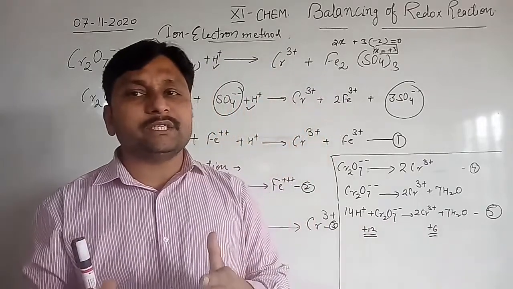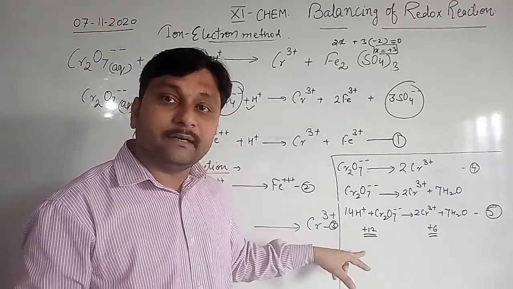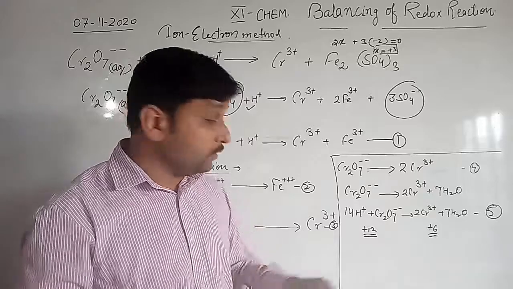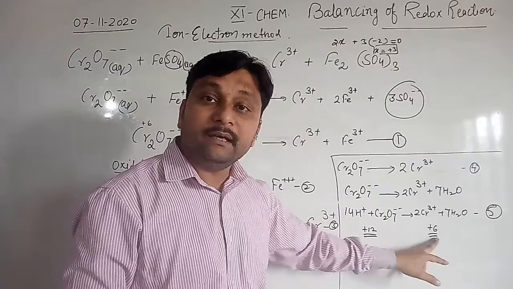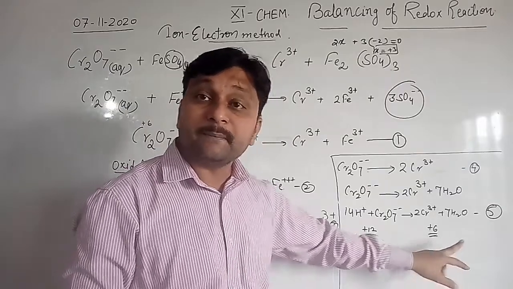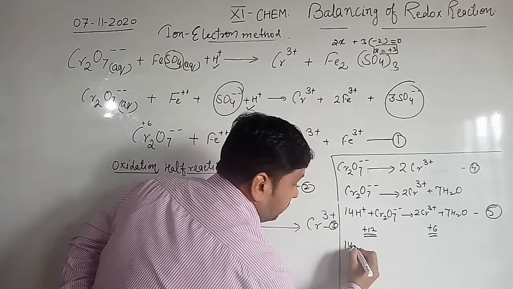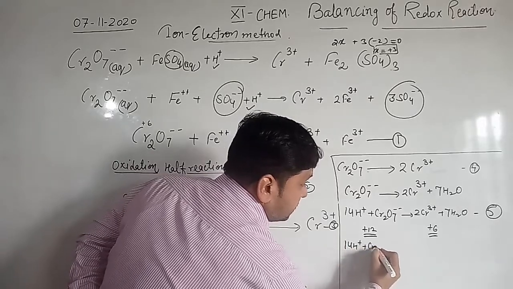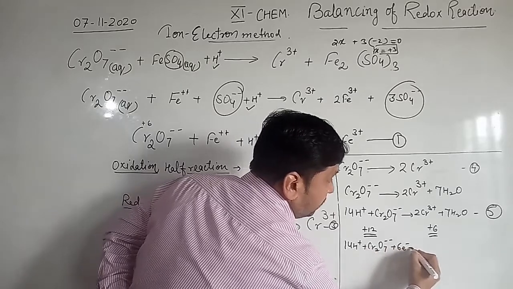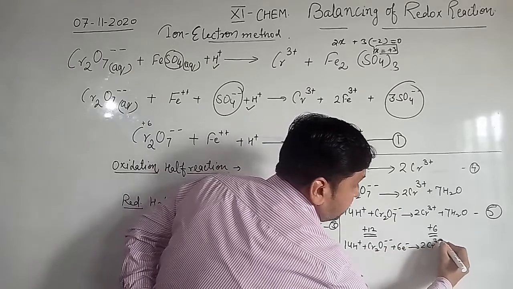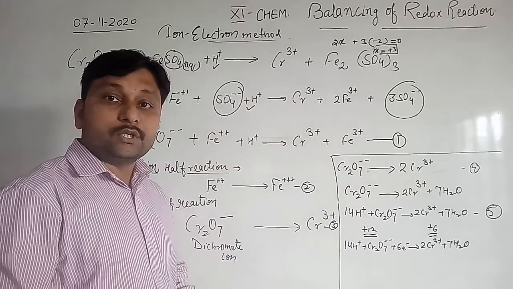How can we balance these two? If we add 6 electrons in the reactant side, both sides the number of positive charges will be the same. So we can write 14 H+ plus Cr2O7 2- plus 6 electrons arrow 2Cr3+ plus 7 H2O.